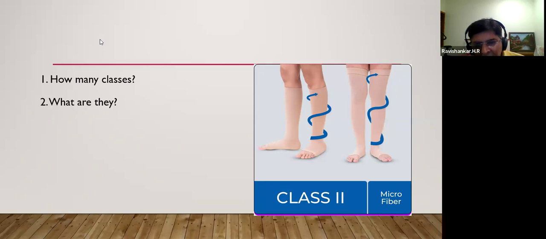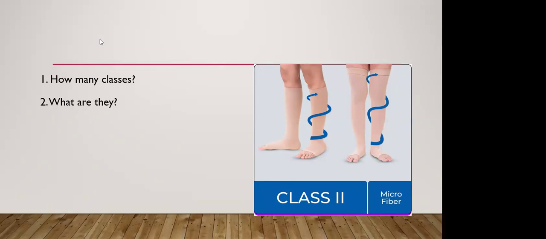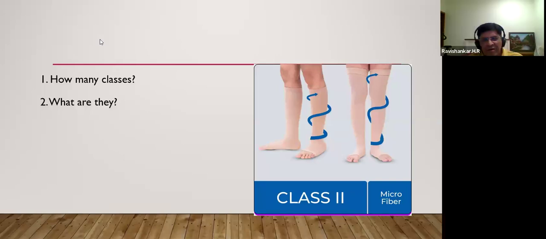Okay. Any other questions on this? Nitya, Sanya? Praveen, what is a 4-layer bandage and what are the 4 layers in a 4-layer bandage? A 4-layer bandage is used for varicose ulcer. Components?